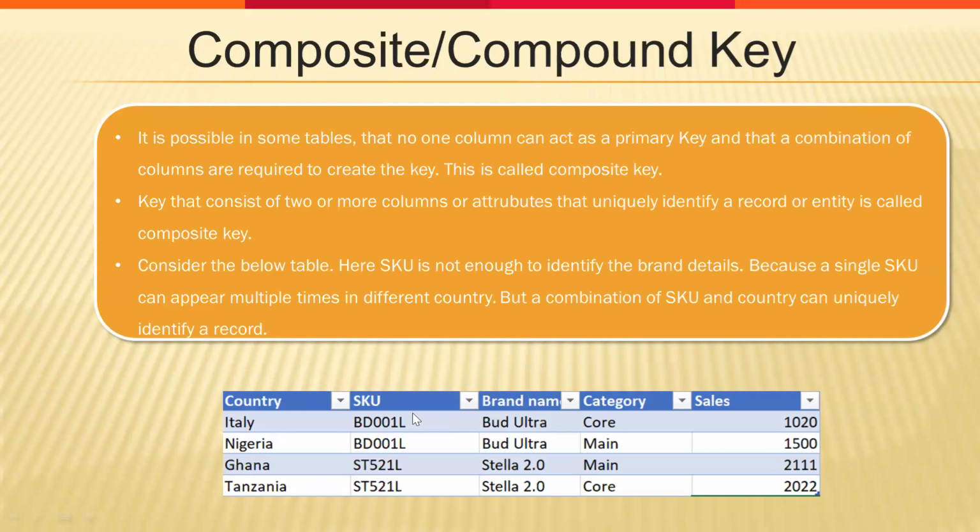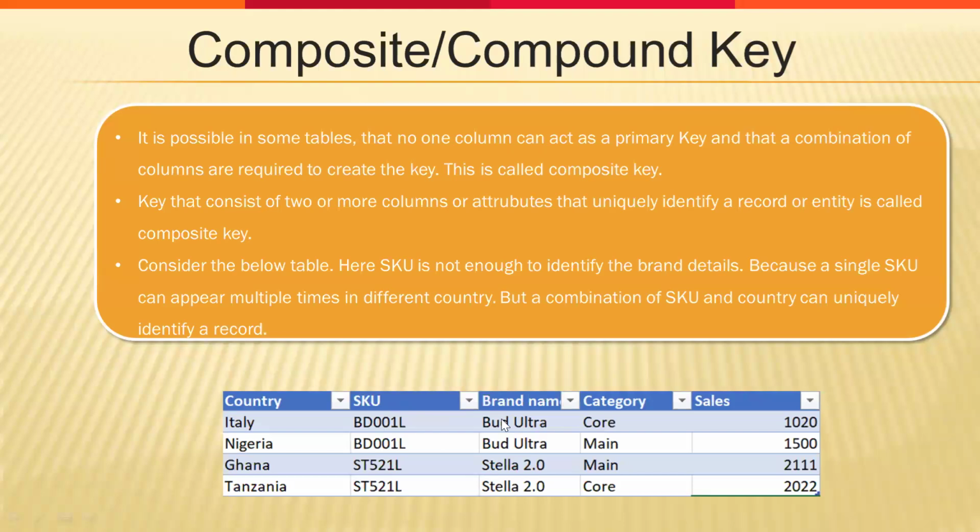So see, Italy has BD001L, Nigeria has BD001L. It has a duplicate SKU. How can we make it unique? By adding country. If you add brand name, it's again still duplicate, correct? If you combine SKU and brand name, it is still duplicate.